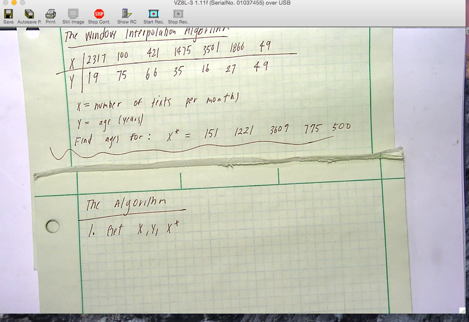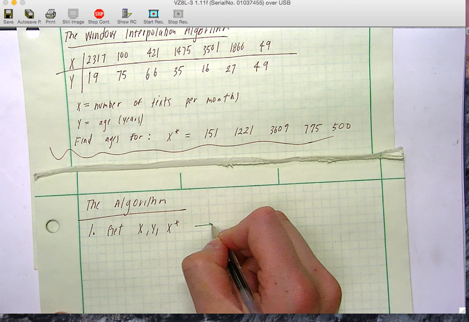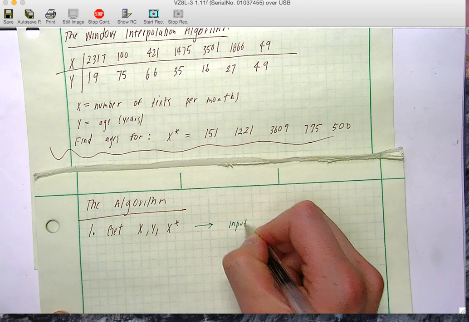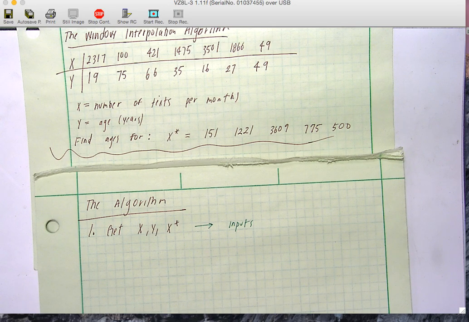So you need to write an interpolation function that uses the window interpolation algorithm and linear interpolation, and it should be able to receive any x, y, and x star and output a y star. So for you, these are going to be inputs. They shouldn't be defined hard-coded in the function.